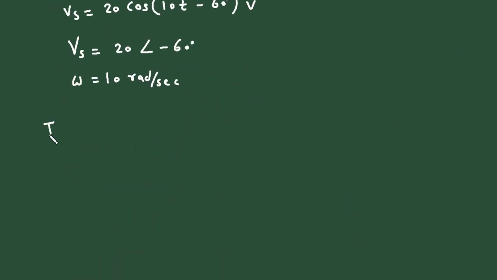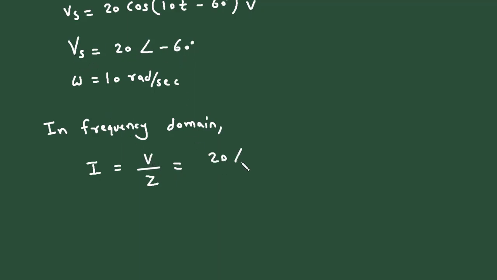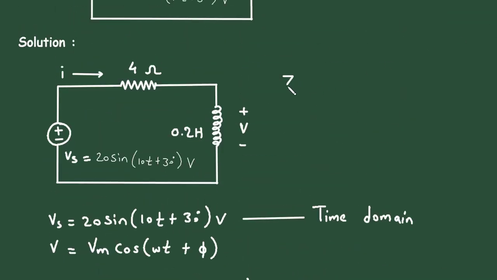So in frequency domain, I is equal to V upon Z. Here the value of V is Vs, which is 20 at an angle minus 60 degree, divided by Z. Now here Z is equal to R plus jX, and we know that X is the reactance, which is equal to XL minus XC.